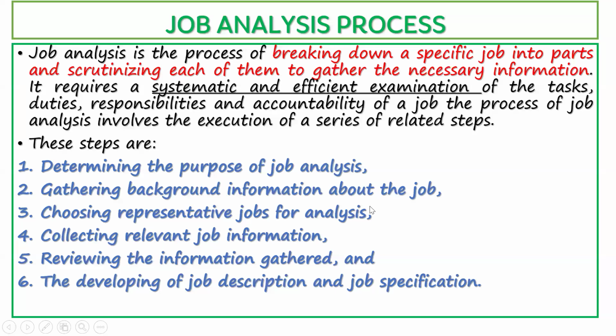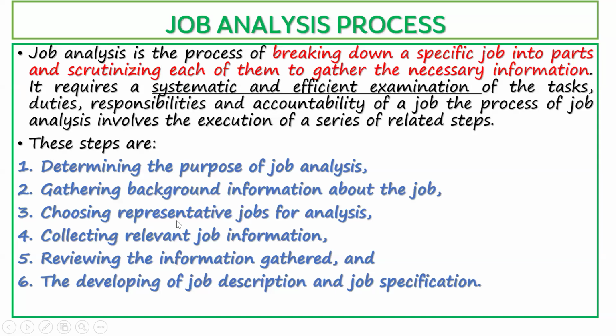Now, on to the next thing. Now, when we are talking about job analysis, it is a process. When we want to have a very good job analysis, then it is a process. It involves 6 things. Number 1, determining the purpose of job analysis. Number 2, gathering background information about the job.